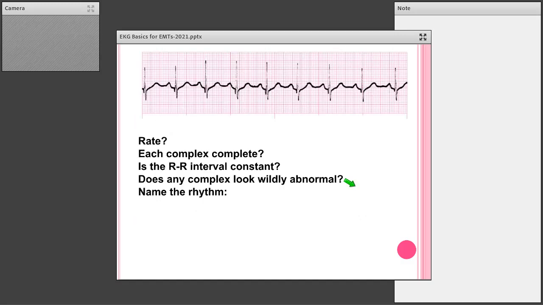So we look at the rate, making sure we have a P wave for every QRS complex, making sure it's regular from R wave to R wave, looking at the P wave, looking at the PR interval, and looking at the QRS complex. So I'll give you a minute to think about what you have.